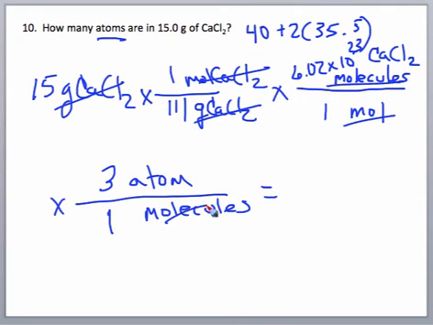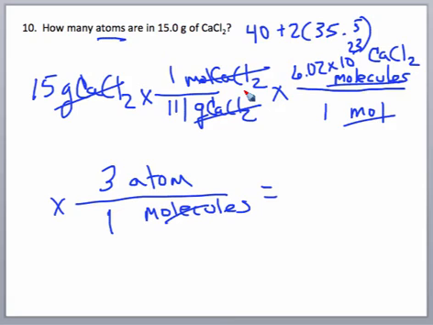So that way when they cancel and you do the math, you should get, what do you get? Actually, I did not do this in my calculator, so 1 second, we'll just do that real quick.